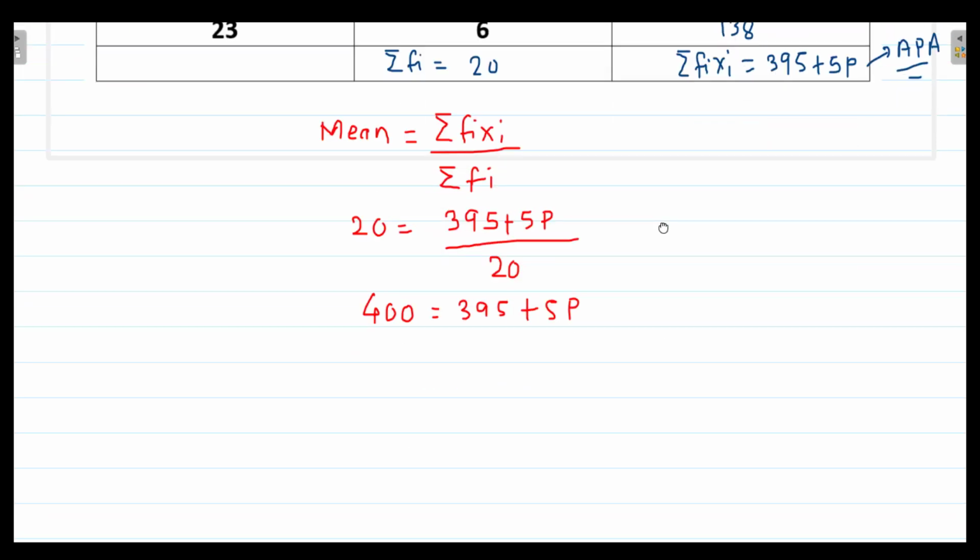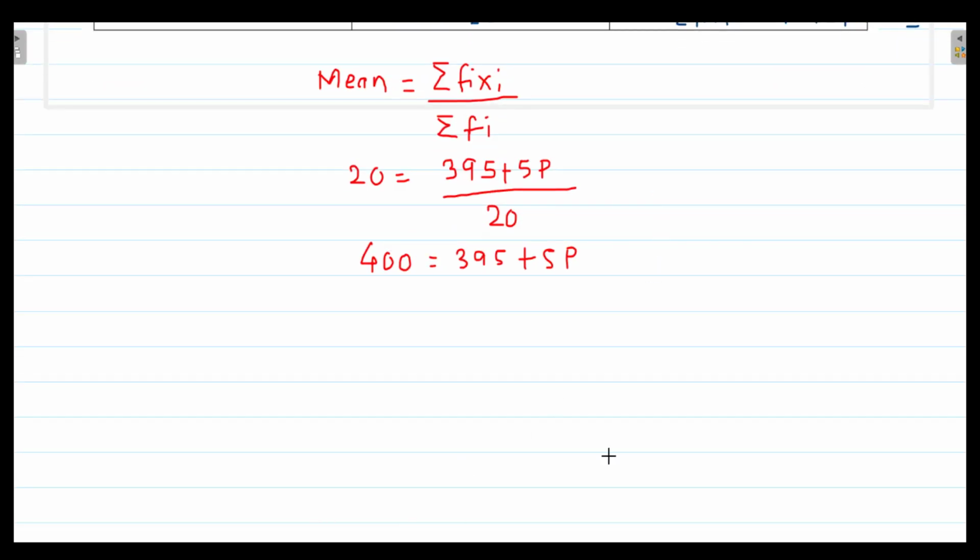Now solve it further. Take 395 to the other side, so it will be 400 minus 395 is equal to 5p, and 400 minus 395 is 5, so 5p is equal to 5, and therefore 5 ones are 5, so p is equal to 1.